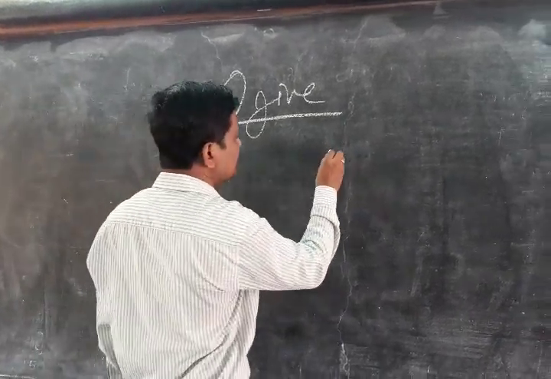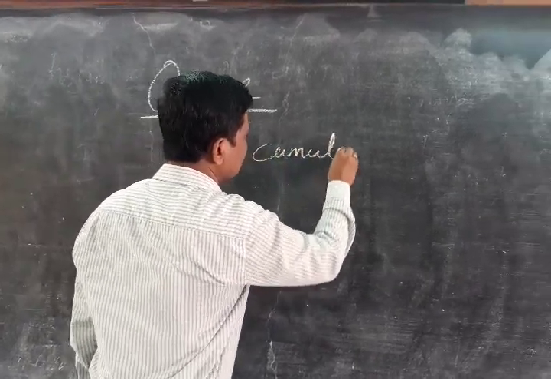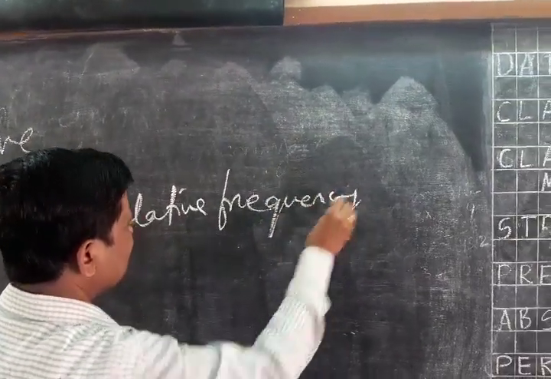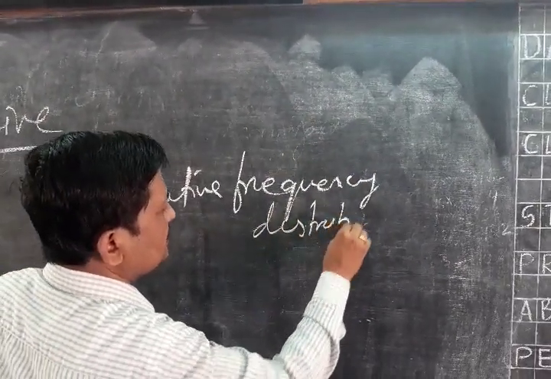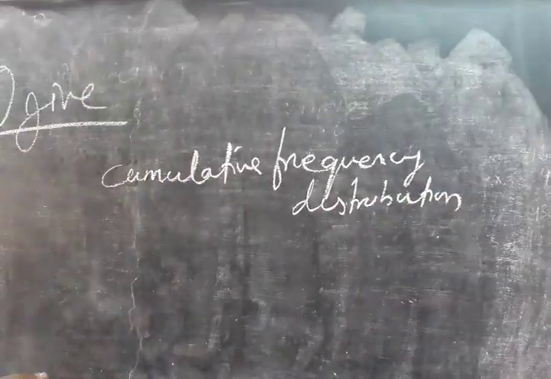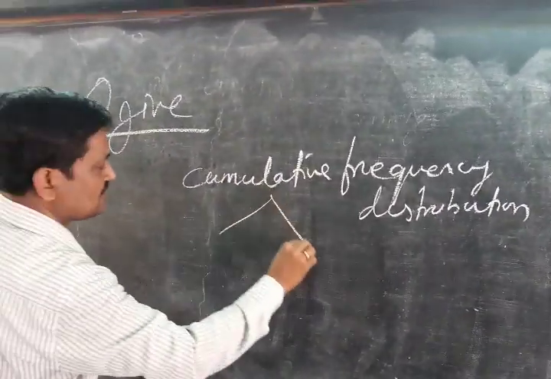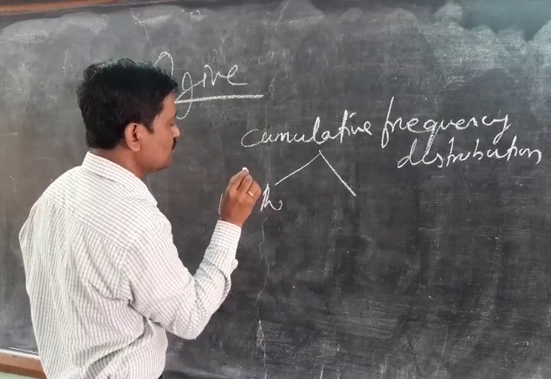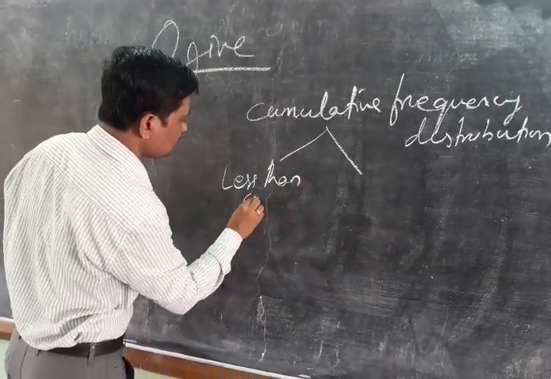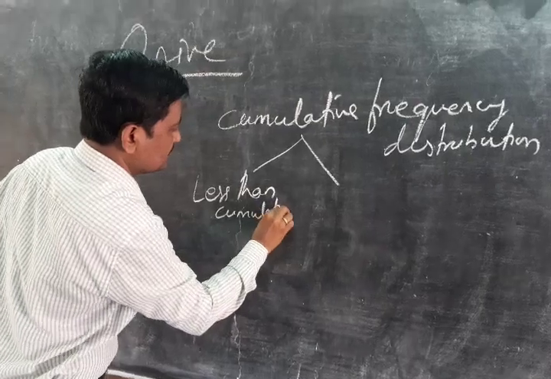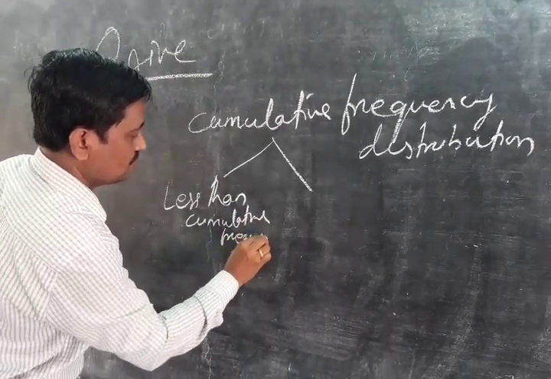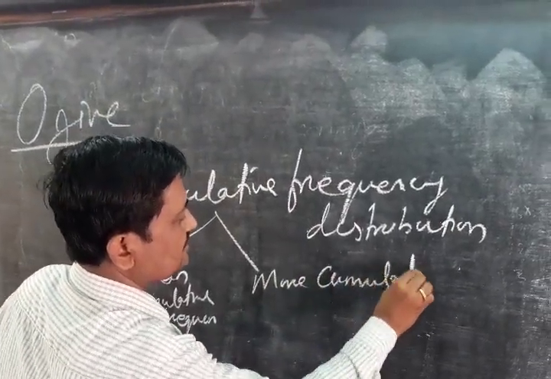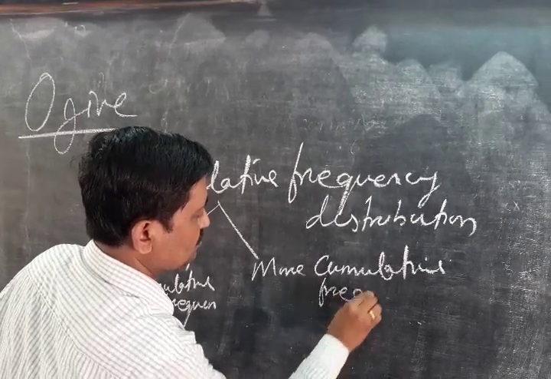Cumulative frequency distributions are of two types: less than cumulative frequency distributions and more than cumulative frequency distributions.